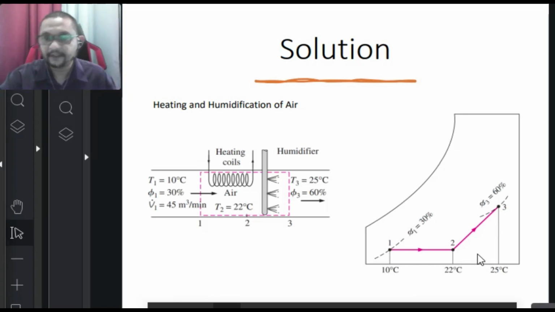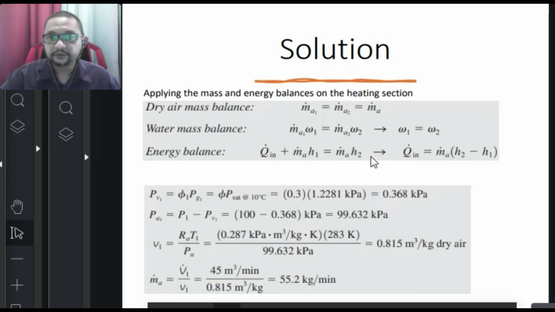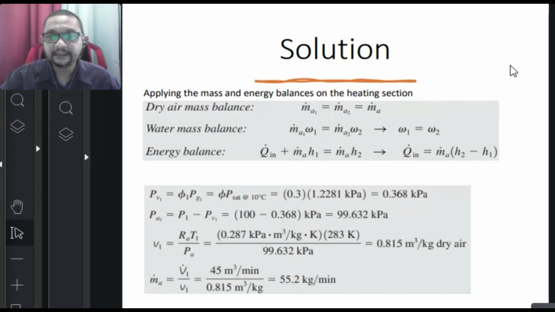So to solve the problem, we apply the mass and energy balance on the heating section, as you see in the previous slide, as the equations that can be used in this cooling and humidifying section.